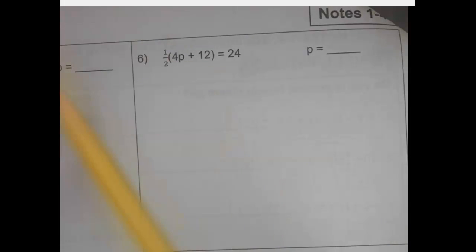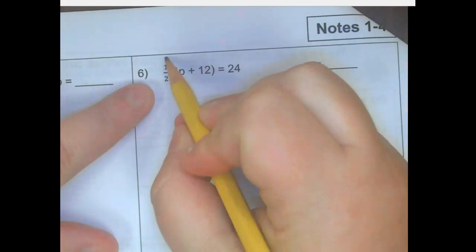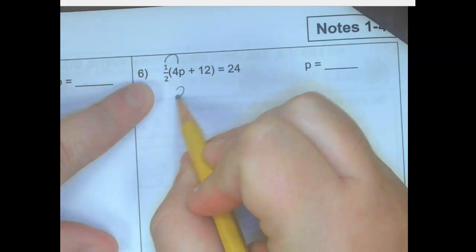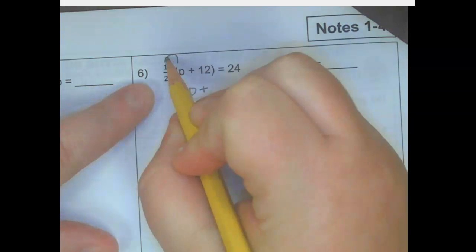Most of you probably thought this was pretty easy. It's not too hard. Half of 4p is 2p, plus half of 12 is 6.